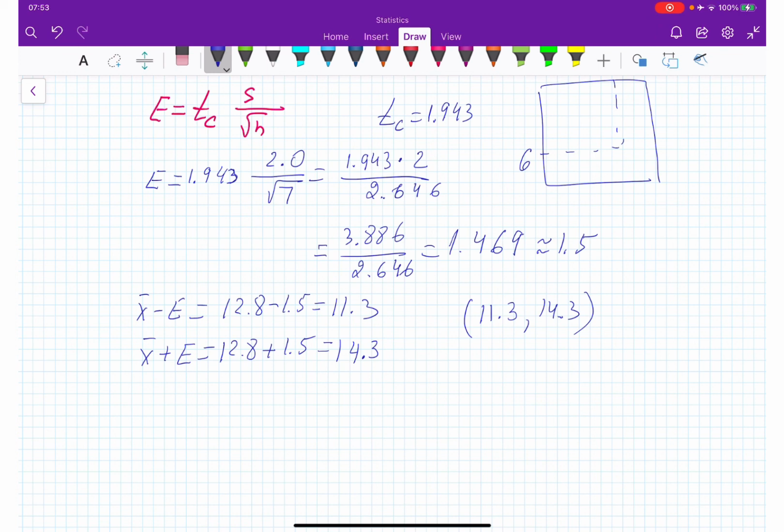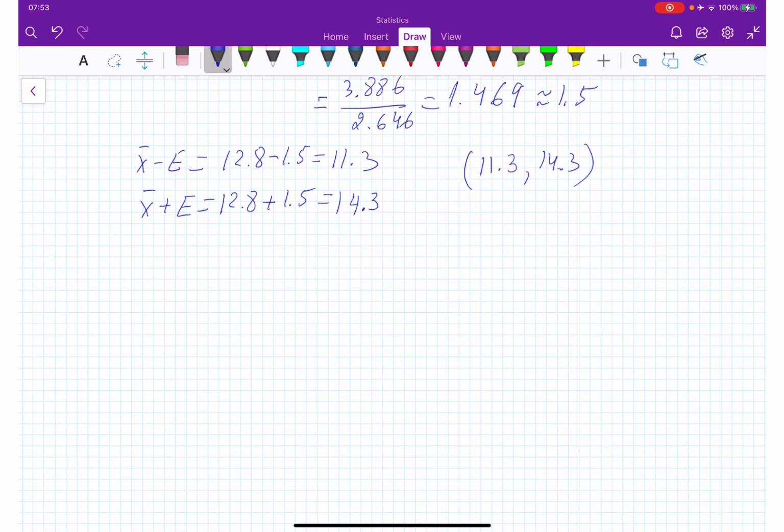Okay, question number 12. In a random sample of 19 people, so n is equal 19, the mean commute time to work was 30.1 minutes. So x bar was 30.1.